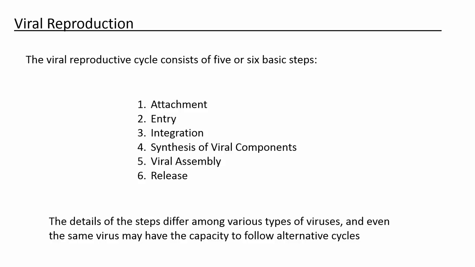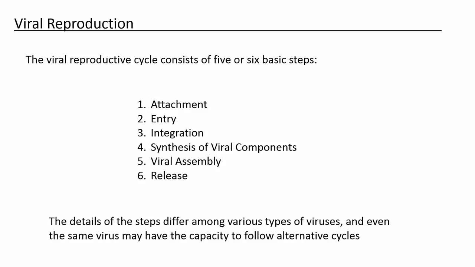Some viruses, including many that infect animal cells, also have what's called a viral envelope that surrounds the capsid. The viral envelope is actually a membrane that is derived from the cell that the virus infects.